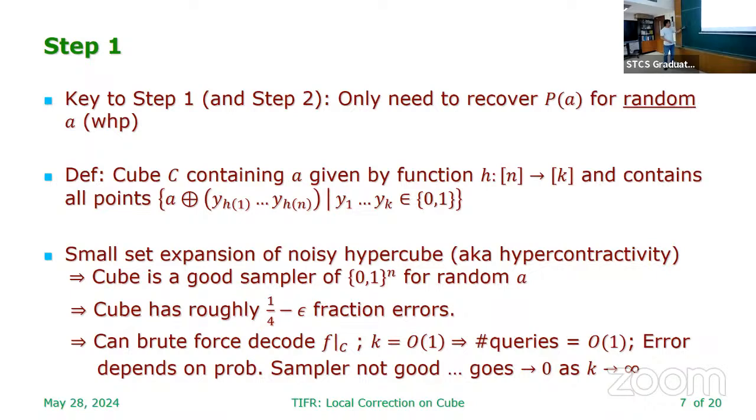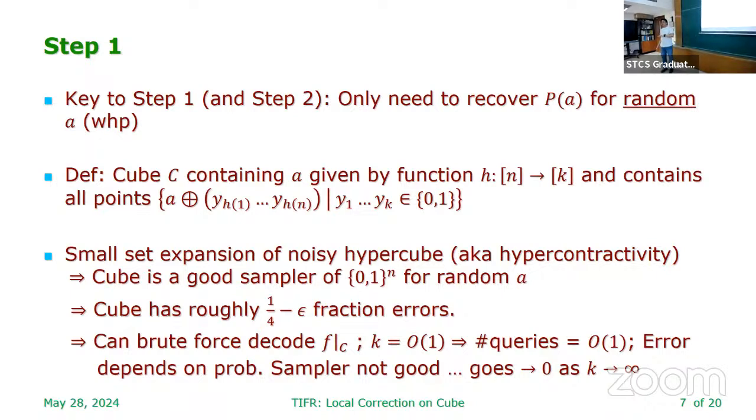This happens to be a random looking cube sitting over here. How random is this cube? It does pass through A. And so in the worst case choice of A, this is a pretty bad cube, because 1 out of the 2 to the k points that I'm looking at is completely determined.